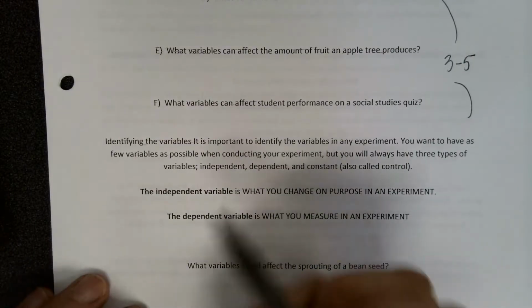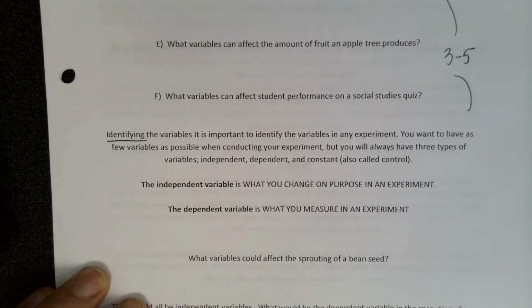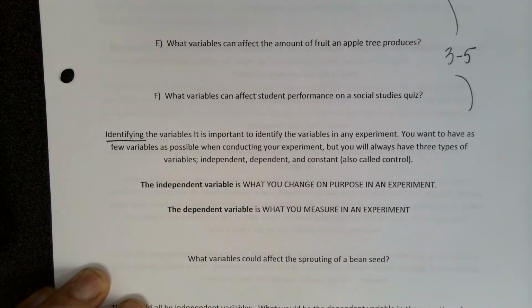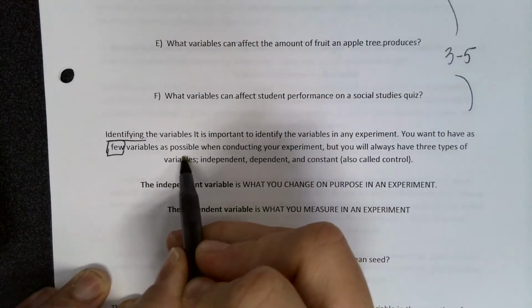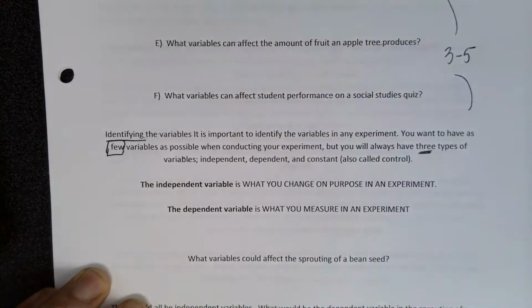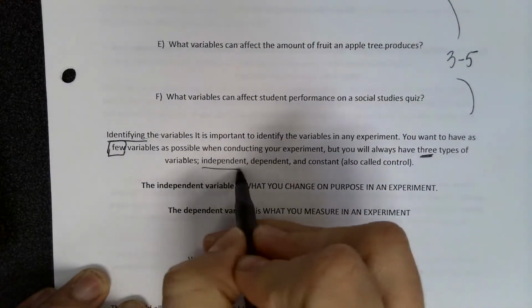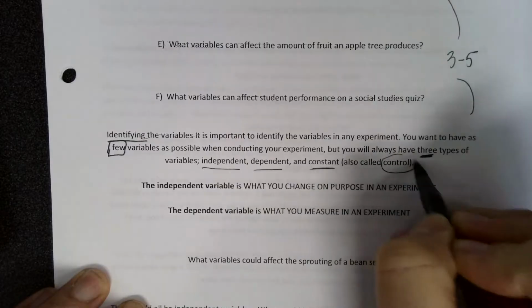So identifying variables, just determining what the variables are in a scenario, is really important. When we set up an experiment, an experimental design, you want to have as few variables as possible, but you're always going to have at least 3. They are called the independent, the dependent, and the constant, also called the control.